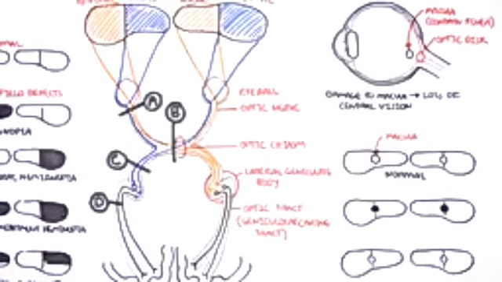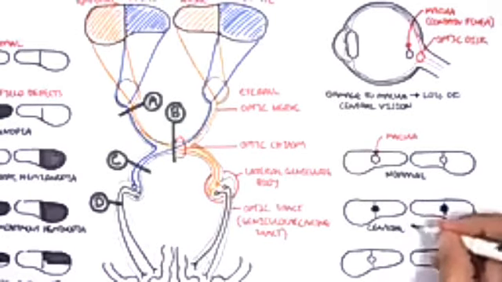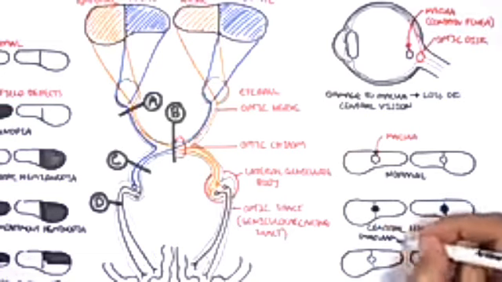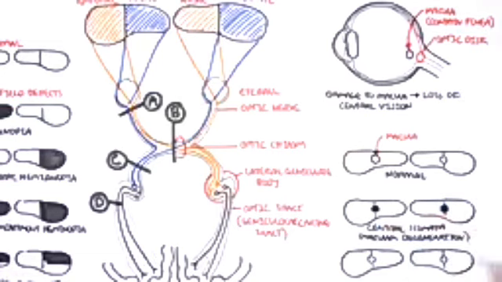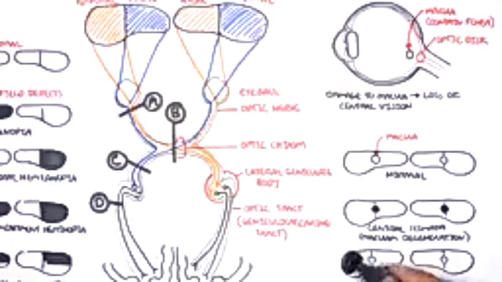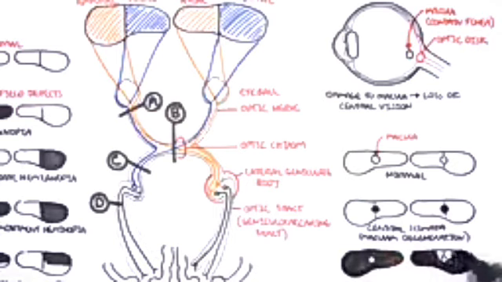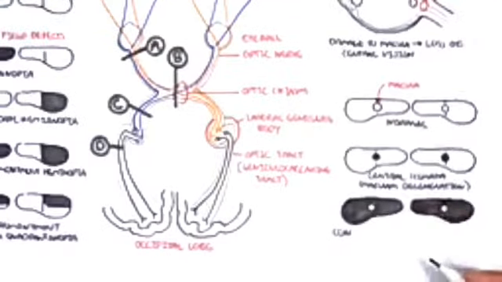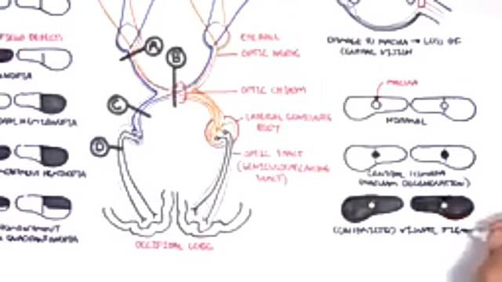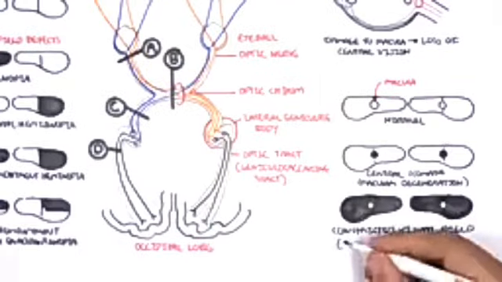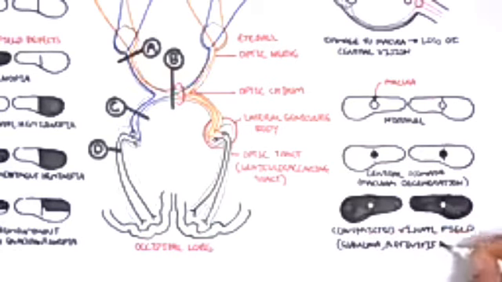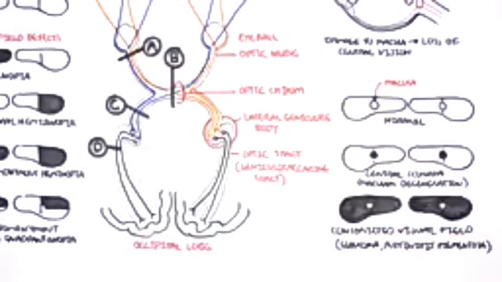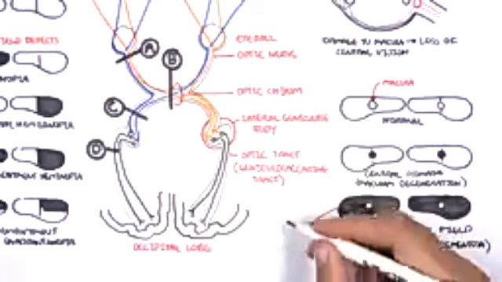In a condition known as central scotoma or macular degeneration, you get loss of this central vision because of the damaged macula. If everything else is lost but the macula is preserved, this is called constricted visual fields. This is what we see in glaucoma and retinitis pigmentosa. The macula is spared. As a result, the patient has tunnel vision.